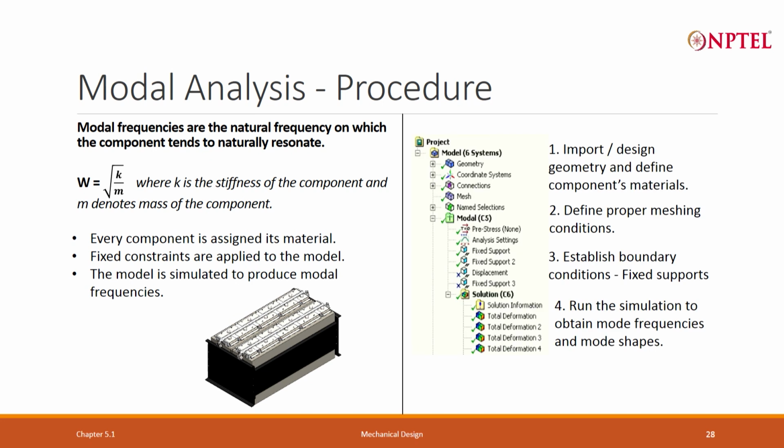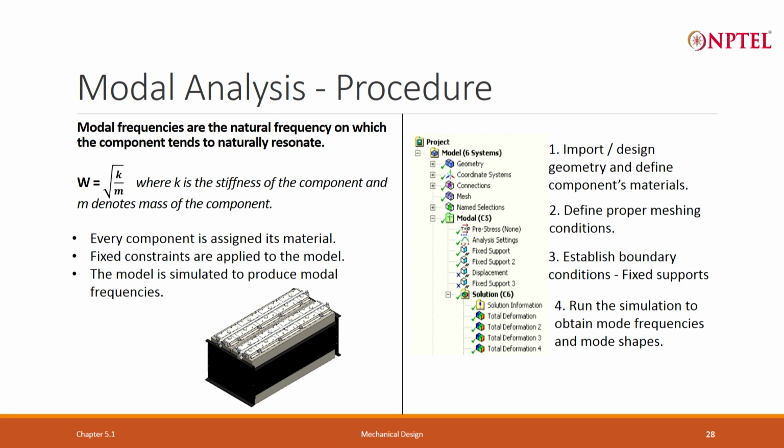Now, there are constraints. If I want to put the battery pack somewhere, I will have holding points or fixing points. Those become constraints, so it cannot move in this direction. Then we simulate to find out the modal frequencies. That's the basic of a modal analysis.